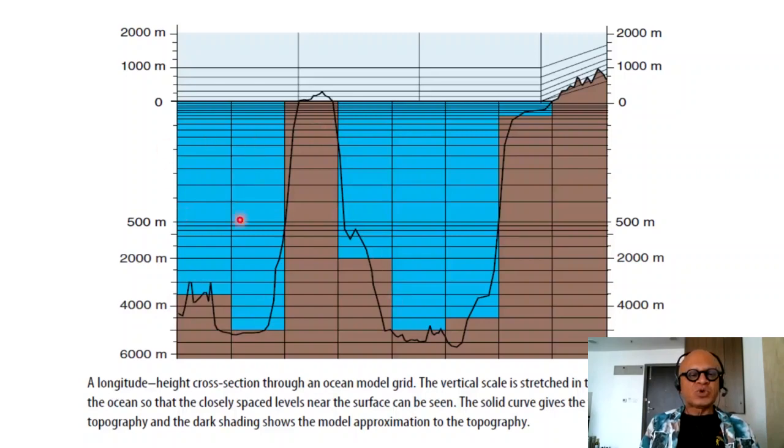The model resolution is shown with these X or Y direction. So here is the, let's say, X direction, Y direction, and you have the vertical grid here. Near the surface you have these processes that are important, so we tend to increase the resolution near the surface to account for various processes.